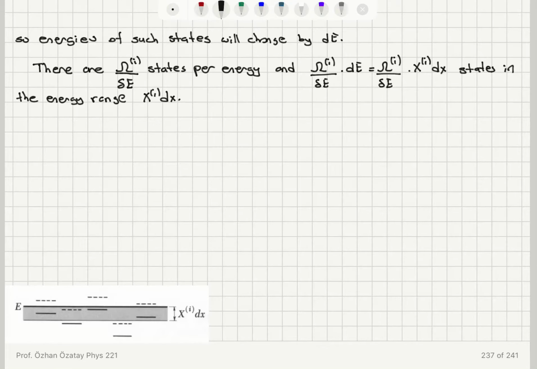So that will be the number of states that is in this range.